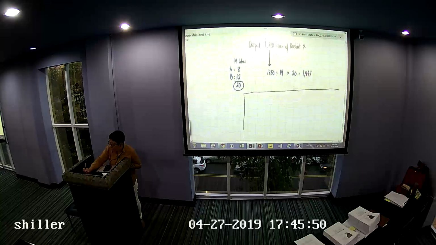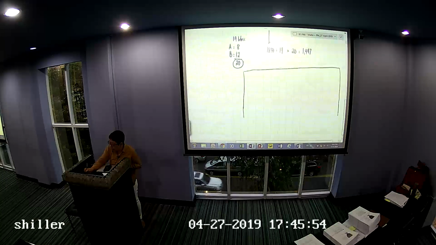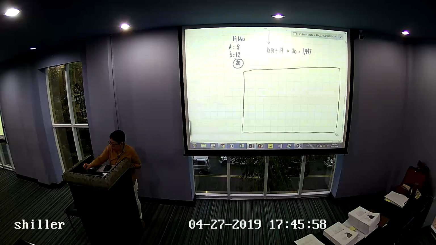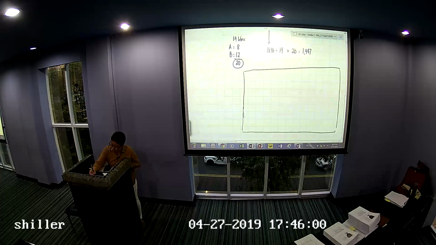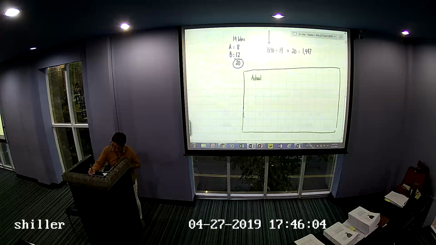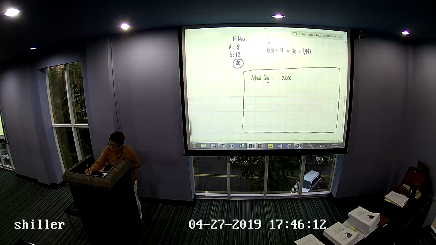Remember, in yield variances, you want to see your actual input versus the output, correct? So your actual quantity of materials was equal to what? How many did you put? 2,000 liters, correct?